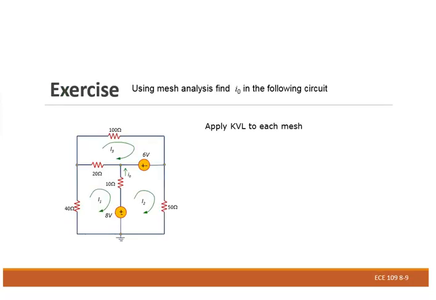We give one example here, actually an exercise question, to find I0. I0 is in the middle right there. I want you to write mesh equations here for I1, I2, and I3. Then find those mesh currents I1, I2, I3 first, then find I0.